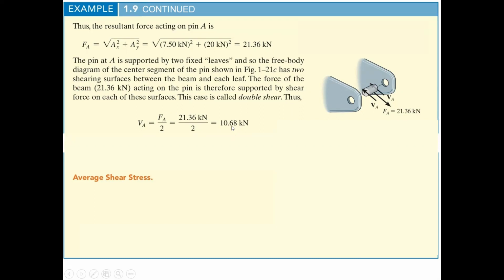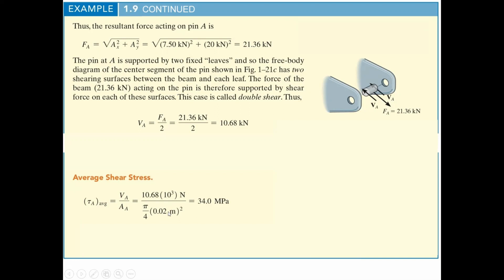So now we apply our V over A equation for the shear stress, and we get the following. Okay, notice everything has been converted into newtons in the numerator, and in the denominator, this equation is simply pi over 4 times the diameter squared, in meters, and you'll end up with 34 megapascals. Now, you could use pi r squared for your area equation. That's fine.